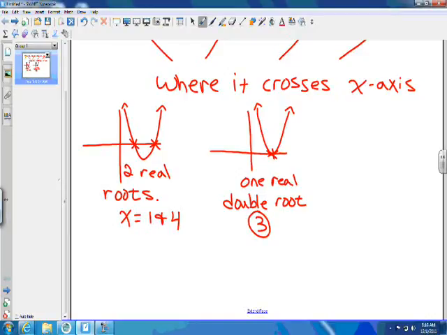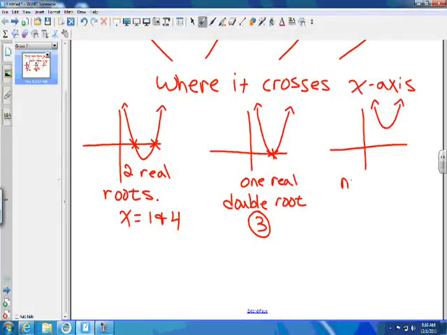And then the other possibility is that it doesn't cross at all. It never intersects the x-axis. So if you were telling me where does that one cross, what would you tell me? It doesn't.